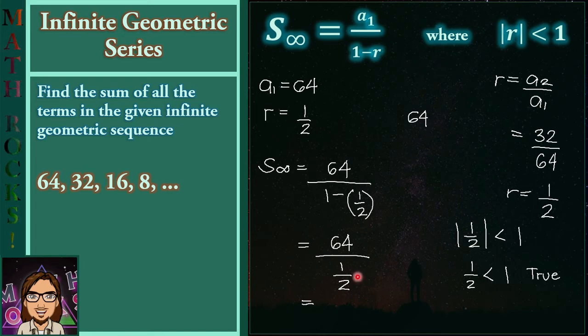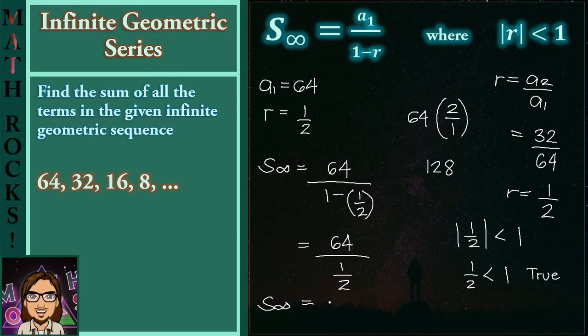So meaning we are just interchanging the position of the numerator and denominator. So here we have 1 half, and we will be writing this as 2 over 1 or simply 2. And multiplying 64 with 2 gives us 128. So that means that the sum of the infinite terms of this infinite geometric sequence is 128.